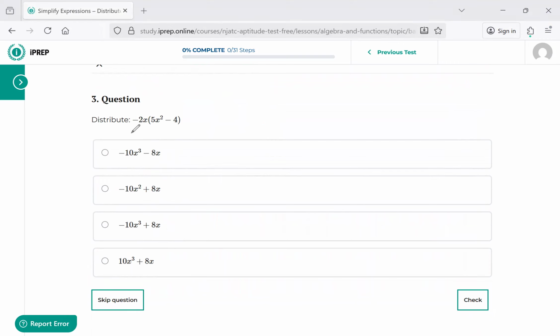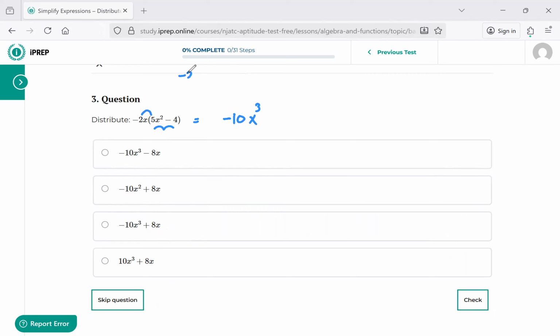Okay, question 3, distribute. We have negative 2x times 5x squared minus 4. Can you simplify the inner parentheses? No, we can't. So we'll go ahead and FOIL this negative 2x. What's negative 2x times 5x squared? That is negative 10x cubed. Let me show you why.